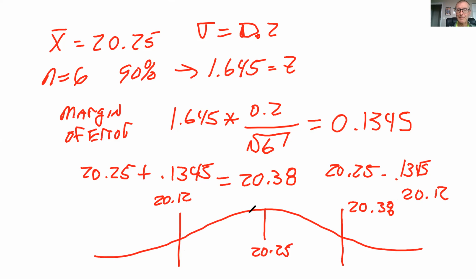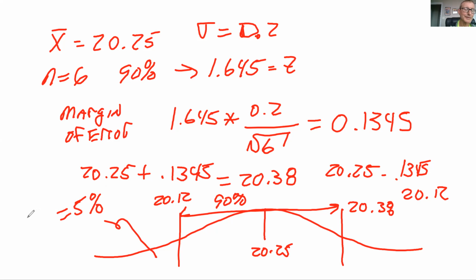And this is what 90% looks like, right? We have 5% on both of these tails, and that's what we define as alpha over 2. Same over here.